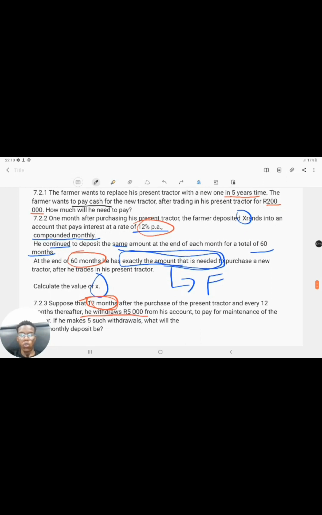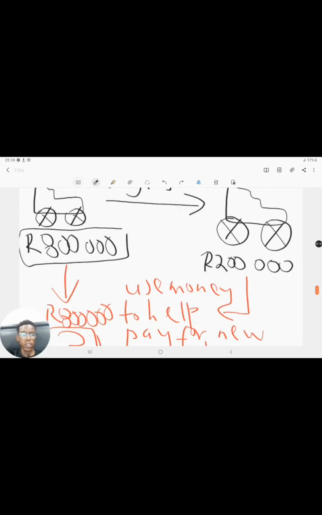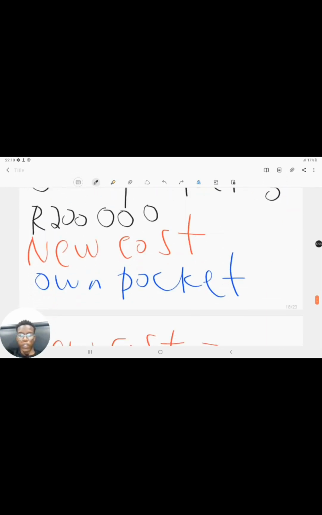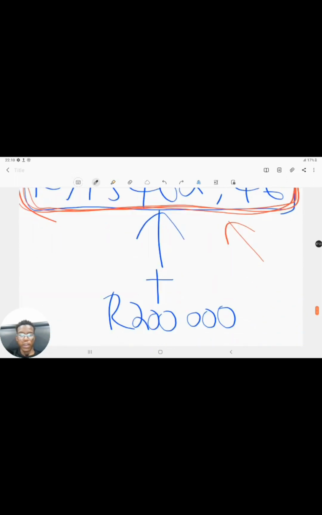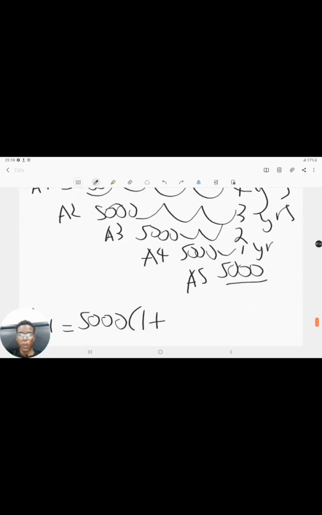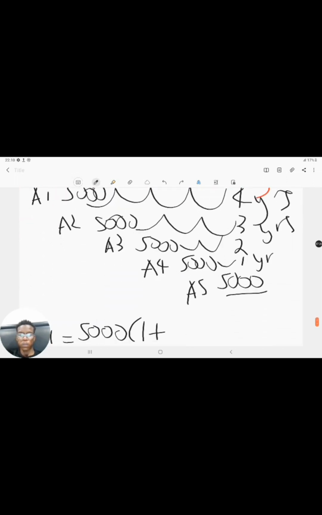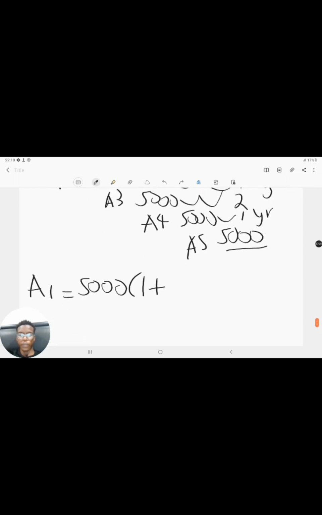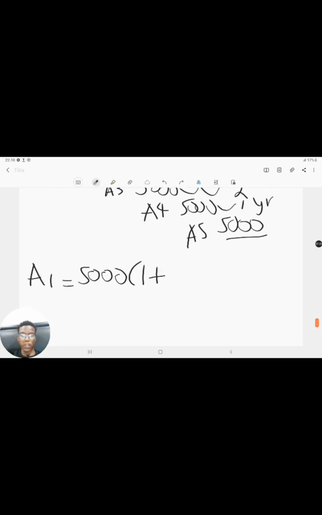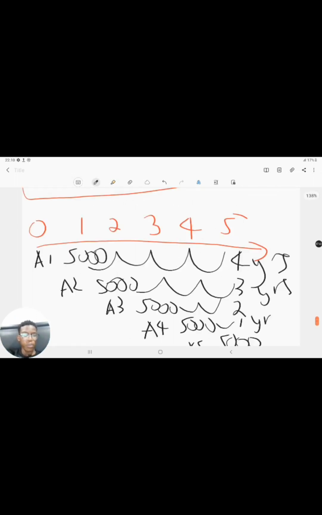So let's do that. That is going to be 12% over a period of 4 years. Why 4?